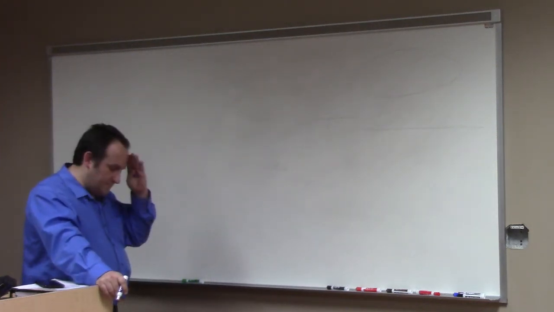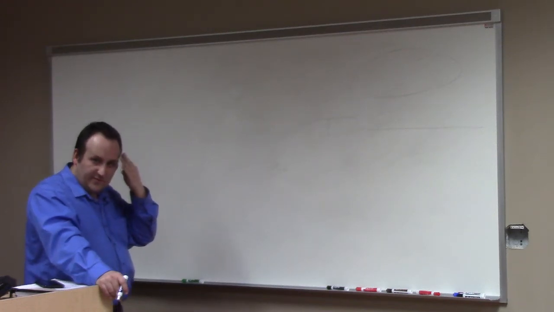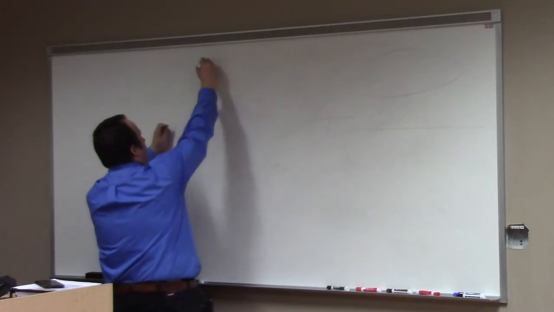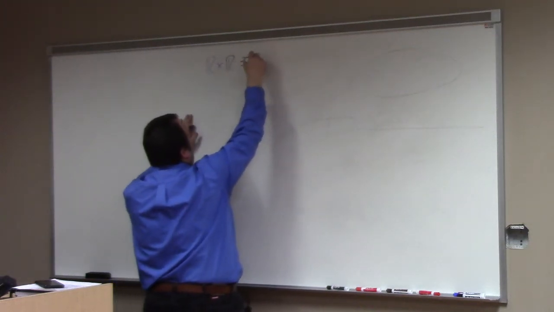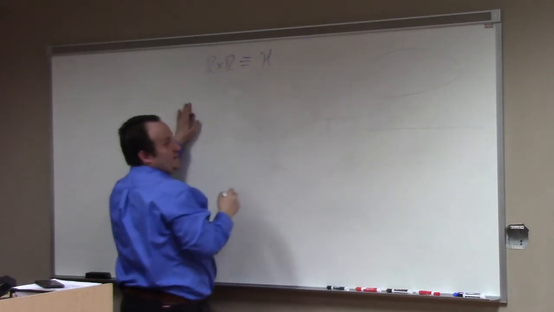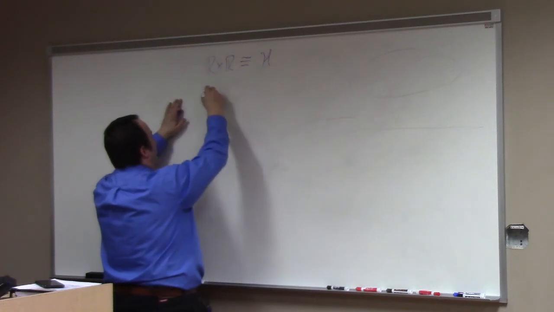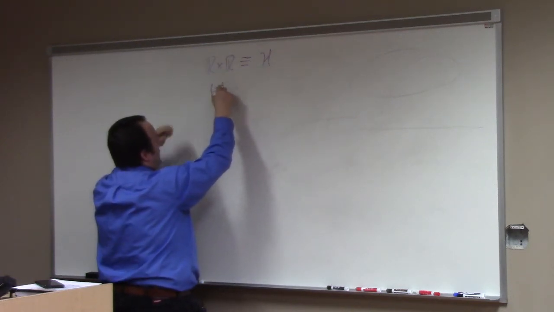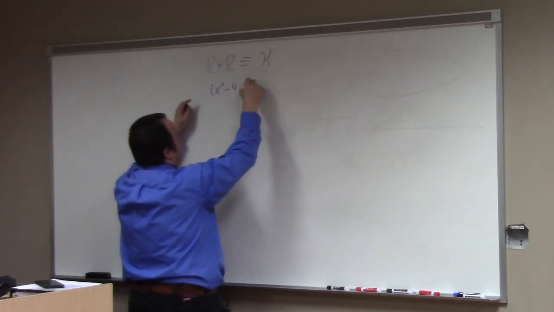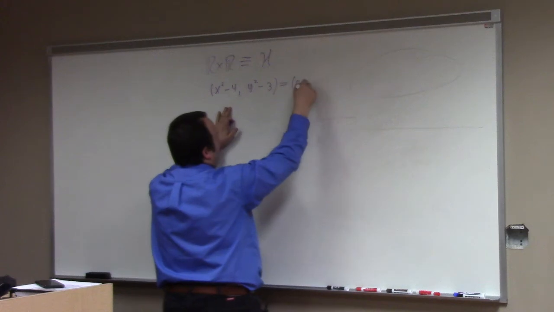So we could work backwards from the isomorphism. It occurs to me, right? We have R cross R is isomorphic to H, right? And so if I want to have four characteristic values, how about if I look at x squared minus 4, y squared minus 3 equal to 0?